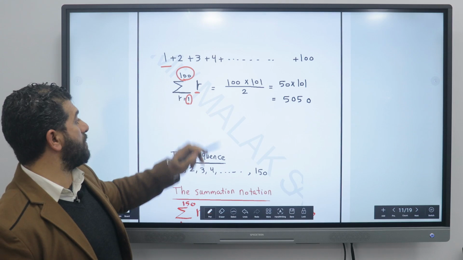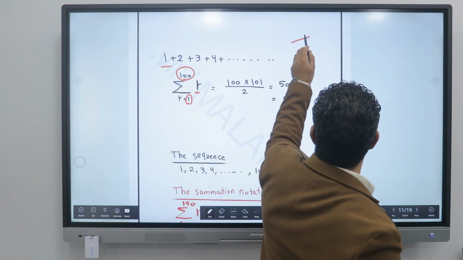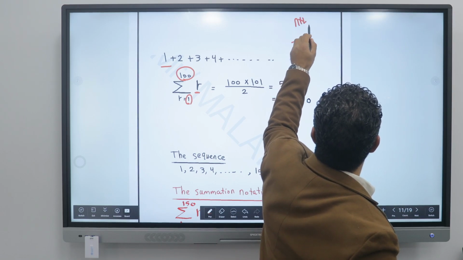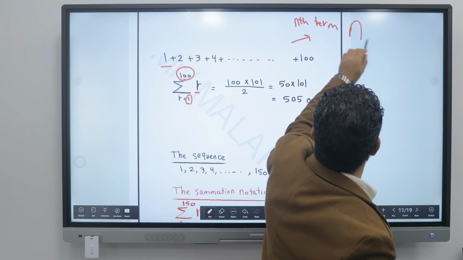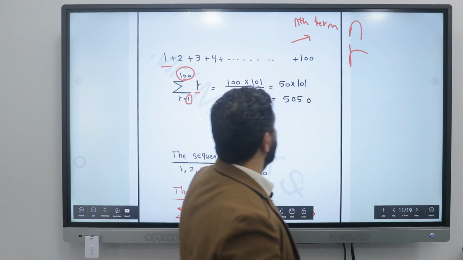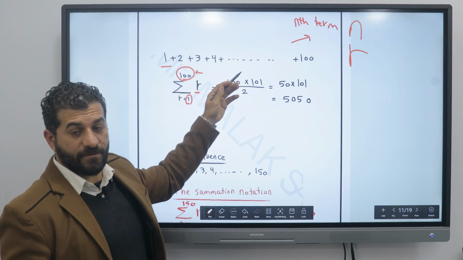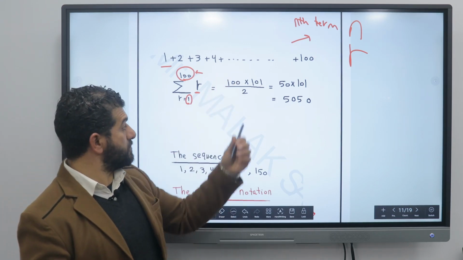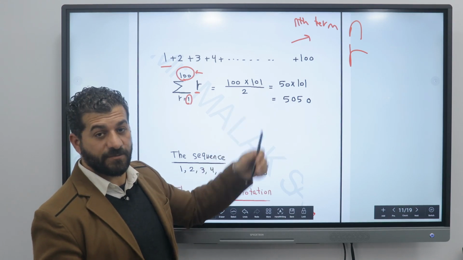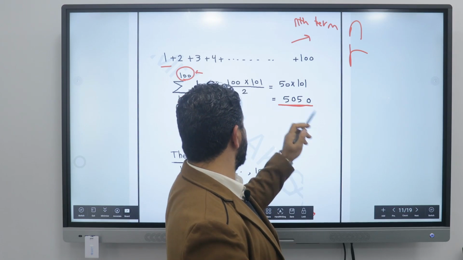Why r like n? Because the nth term here is n, or we can write it as r. So write this 100, this is n, multiplied by n plus 1, so it will be 101, then divided by 2, it will be 5,050.